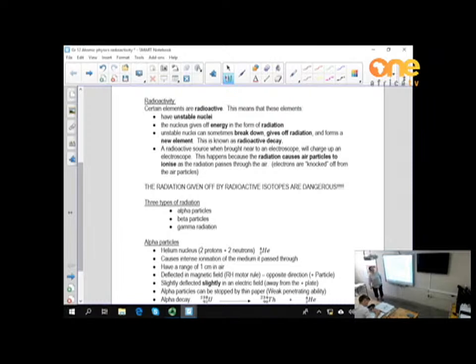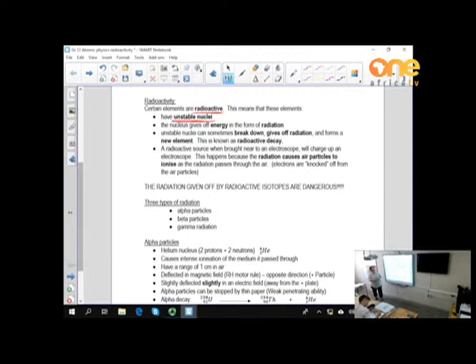What exactly is radioactivity? We say that certain elements, not all of them, are so-called radioactive. What does this mean? Very simply, in the first place, it has an unstable nucleus. Radioactivity is a form of energy that is being given off. If something gives off energy, it tries to go to a lower energy state, which would be more stable than a higher energy state.